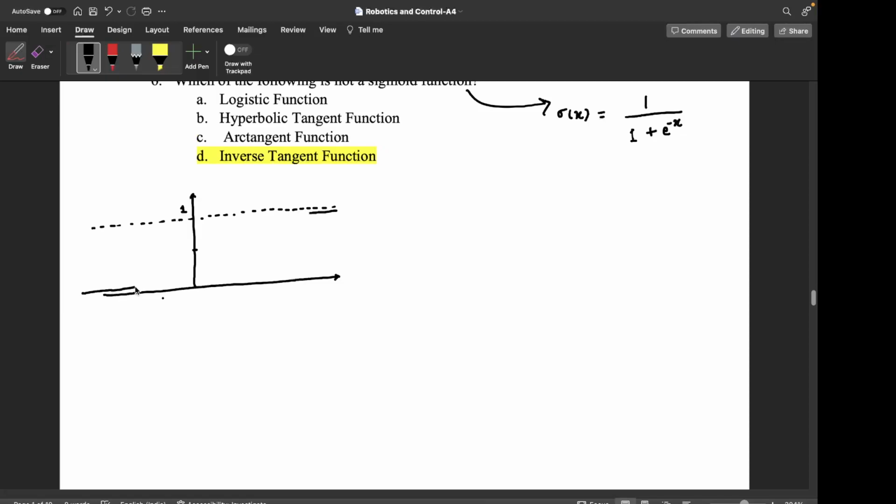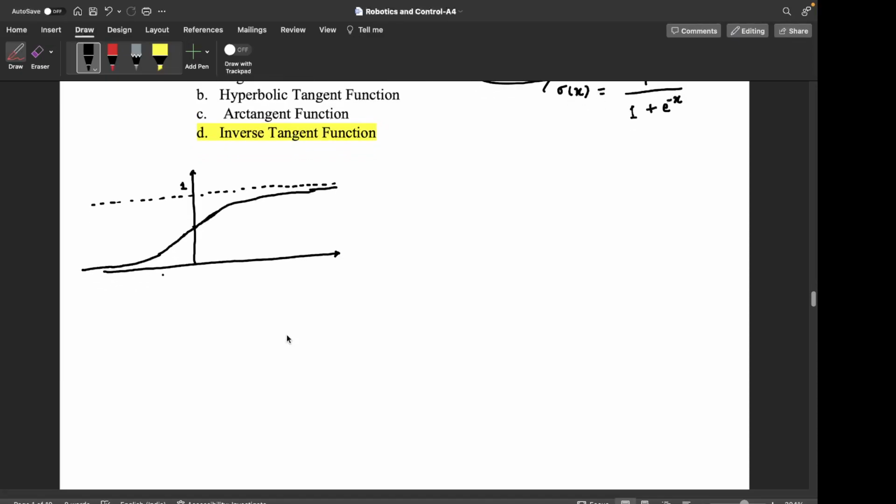So it will increase from here, and then something like this. You can find better pictures in references and books. This is just to give an idea of what we are discussing.